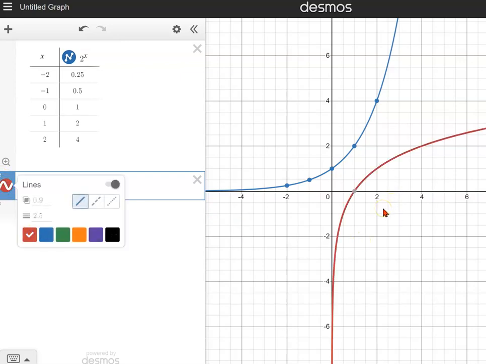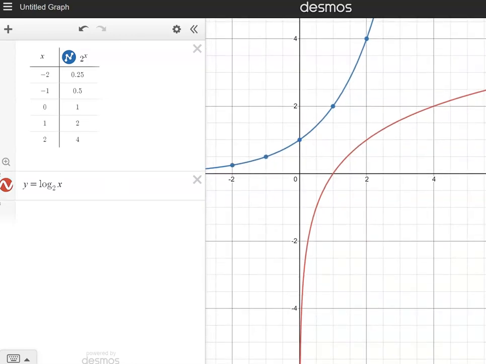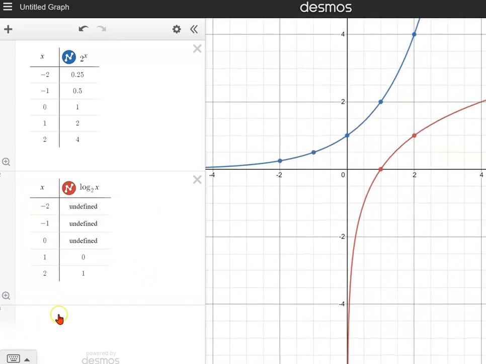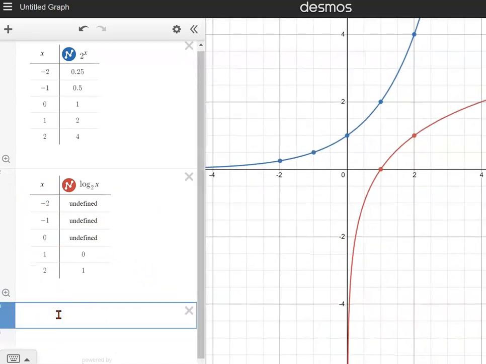So the red graph is the graph of the logarithmic function. If I show you the table of values again, you will see here that at 0 and below, the values are all undefined. Based on this graph, you can also see that they are inverses, reflected over y equals x.